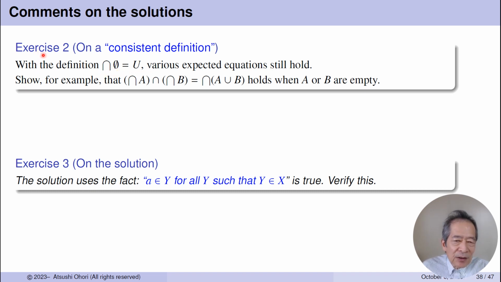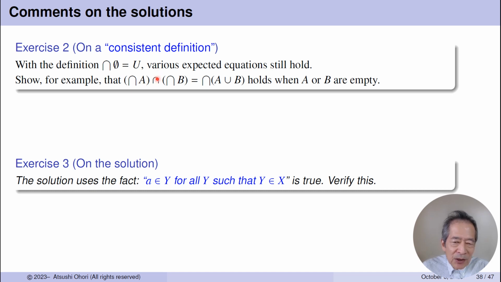So this comment is in the form of an additional small exercise. The small exercise asks you the following. Show, for example, that this equation holds when A or B are empty. You can check that this equation holds for non-empty A and B, right? So you can see intuitively the meaning of this; you can interpret it this way. This is the intersection of this and this.